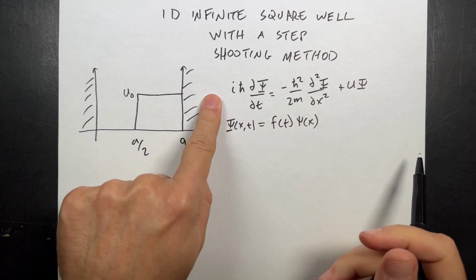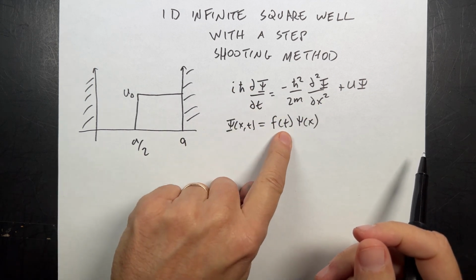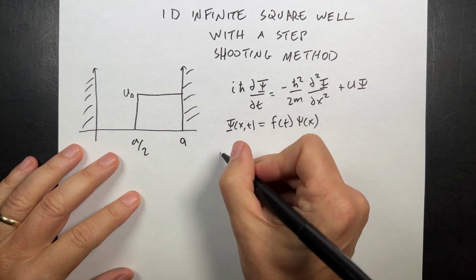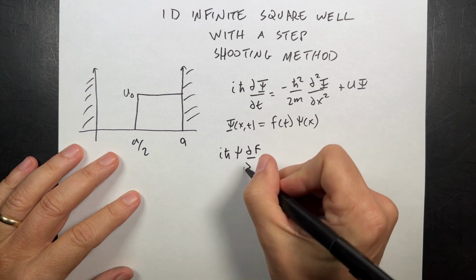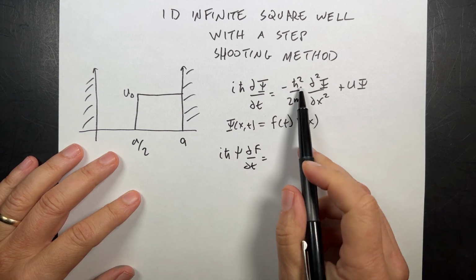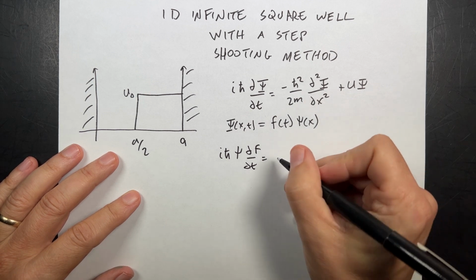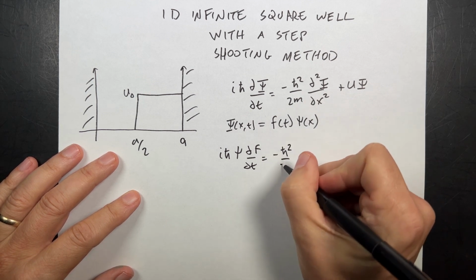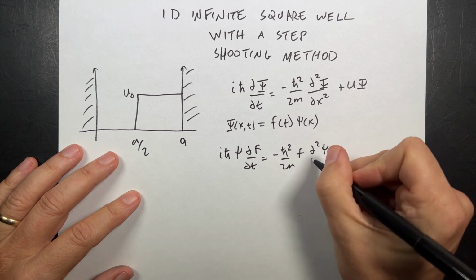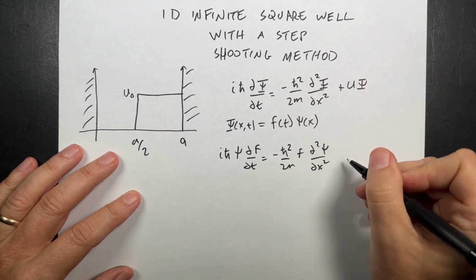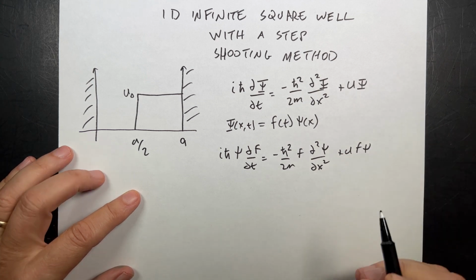If I put that in here, then when I take the partial with respect to time, the x comes out, so I get i h bar psi partial of f with respect to t. Over here, I take the partial with respect to position, so the time part comes out, negative h bar squared over 2m f second partial of psi with respect to x. And then here I have plus U, the potential, f psi.